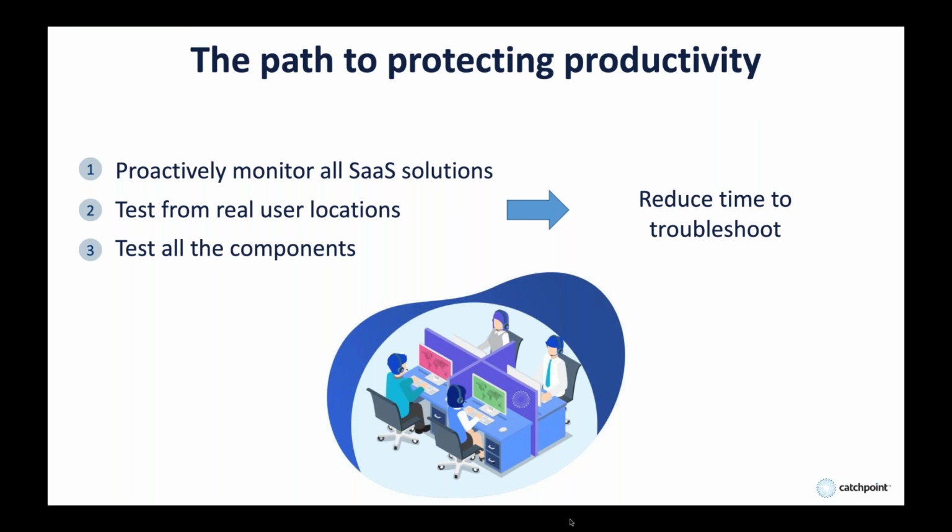We're at the mercy of them. However, if you can detect early that there is a problem, you might be able to tell the employees, hey, work from home instead of going to the office. You might win some productivity. And then it's also important to be able to say, well, we're having issues getting to crm.com because it's a DNS problem. So again, reducing the time to troubleshoot is extremely important.